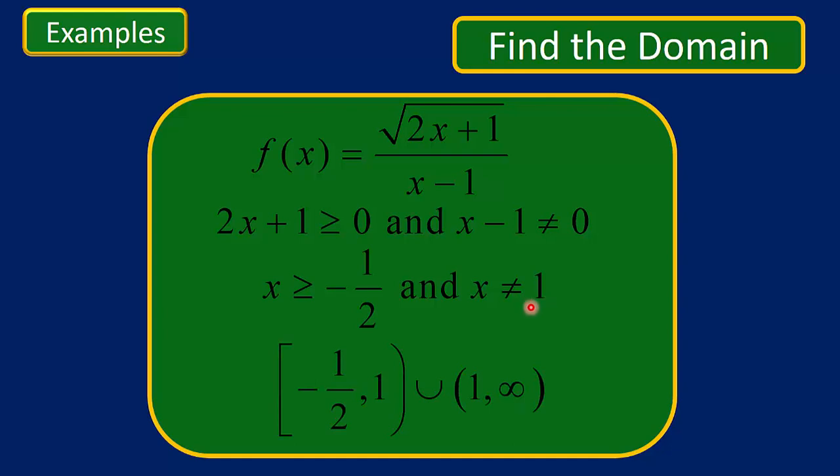So here's what we have. X is going from -1/2 to 1, but it has to take a pause, jump over 1, and then 1 to infinity. So there is how we can find the domain when we have a combination.